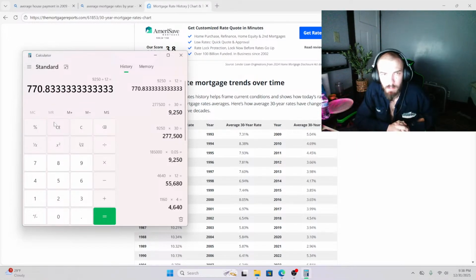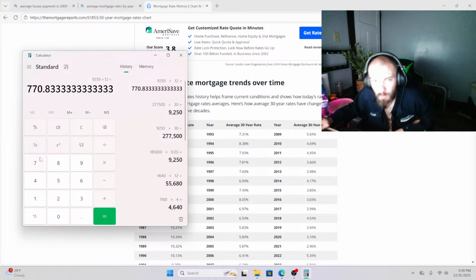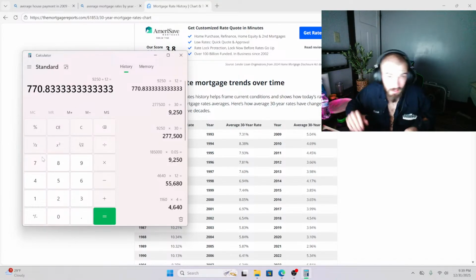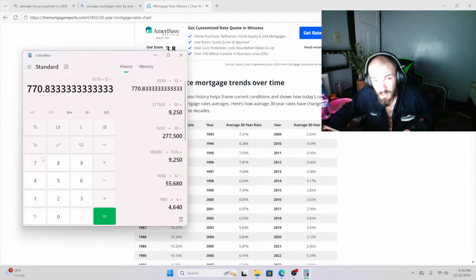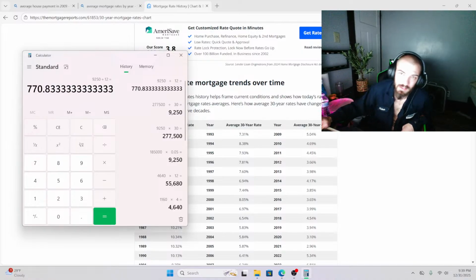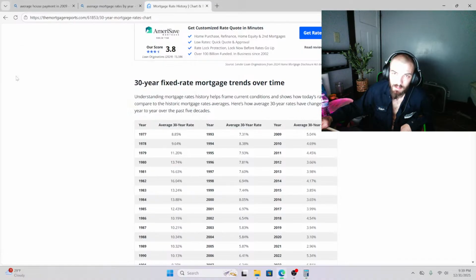That sounds about right. My brother got a house for, I think, 119. I don't know what his interest rate was, but it was about $1,000 or $1,100 a month. So maybe my math is wrong, but this was back in maybe 2009 or 2010, because I was in high school, maybe a freshman.